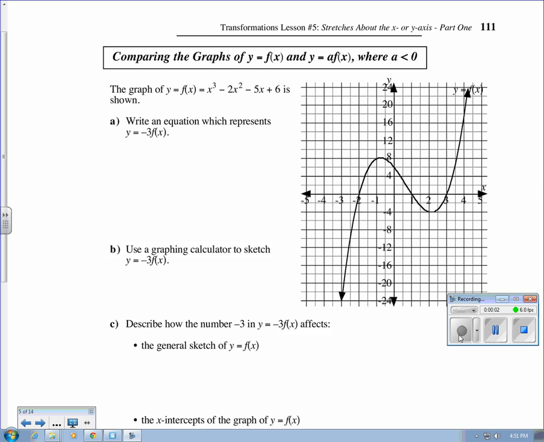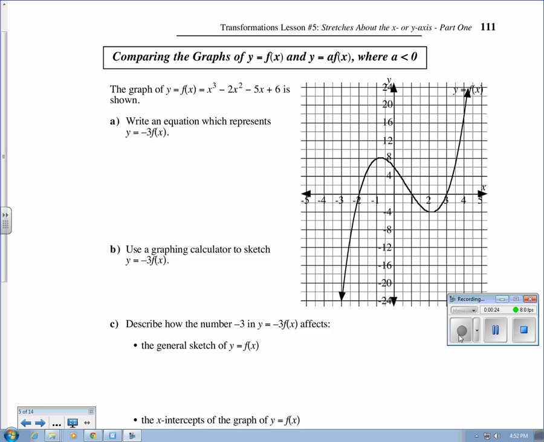Now we're continuing our work on lesson 5, and we're looking at the effect of a negative a value. What's the effect of a negative a value? You can plug that into your calculator, so you can graph the original graph, and then graph the graph with a -3.